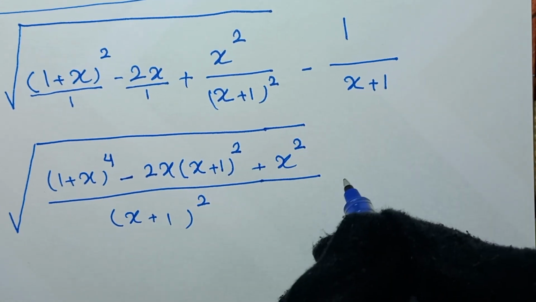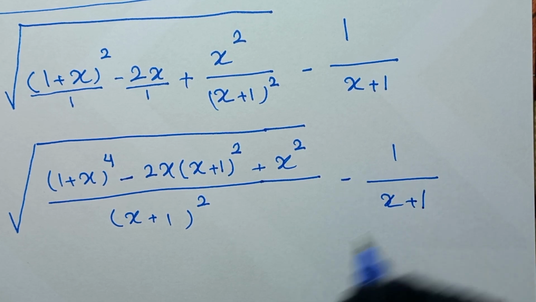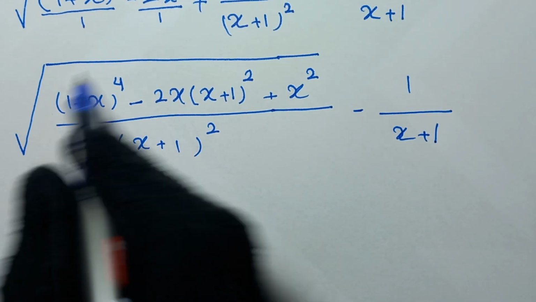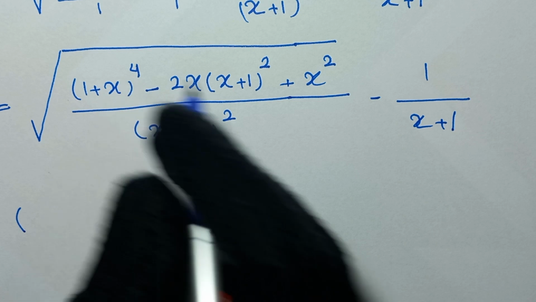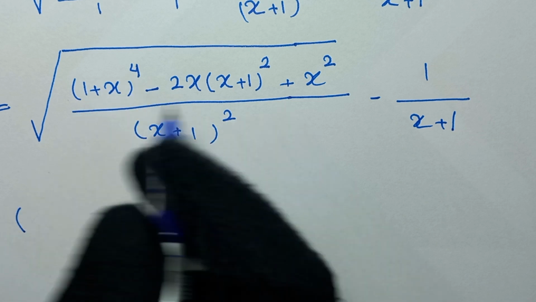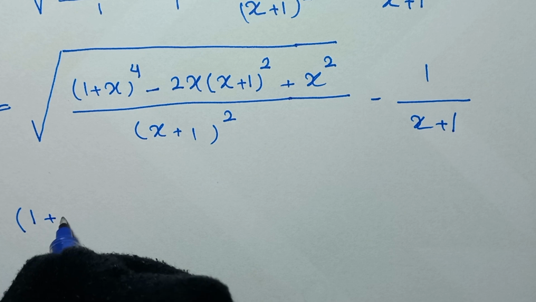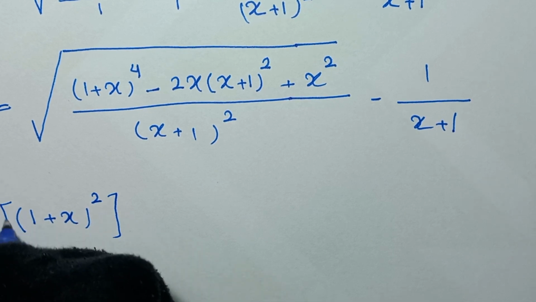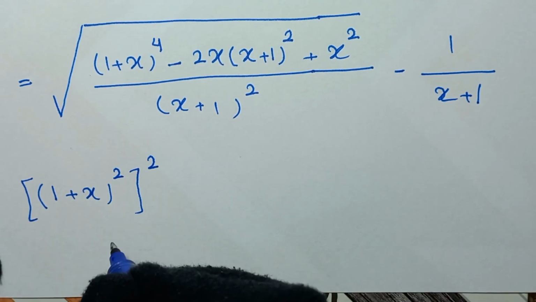And here we have minus 1 over x plus 1. And we write this numerator: we can write (1 plus x) to the power of 4 as (1 plus x) to the power of 2, and to the power of 2, right? 2 times 2 will be 4.